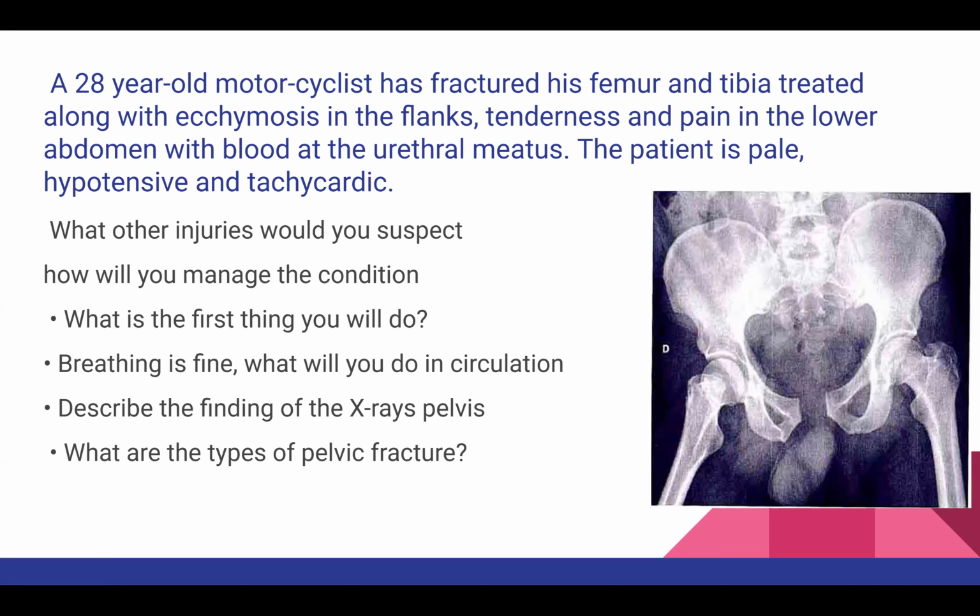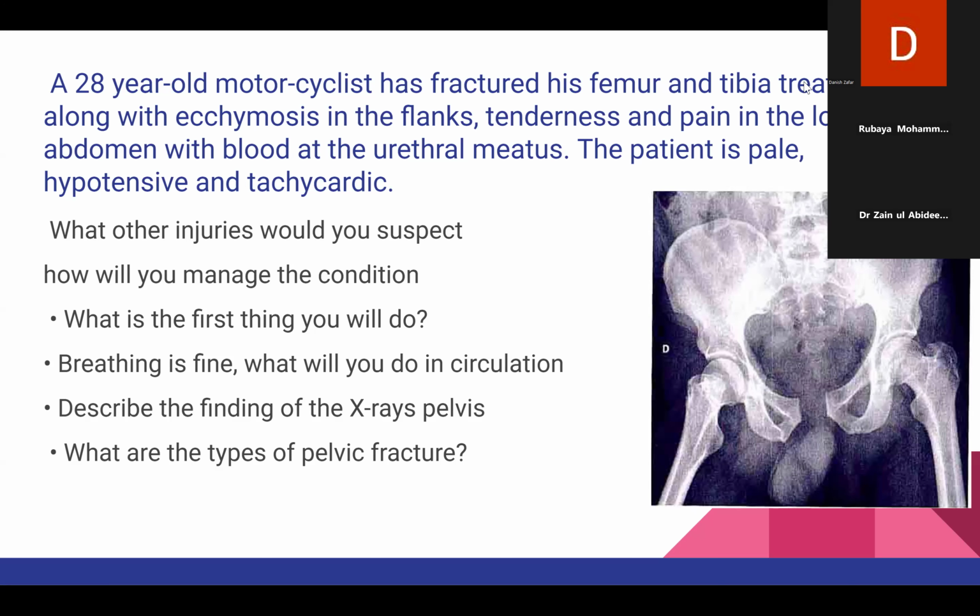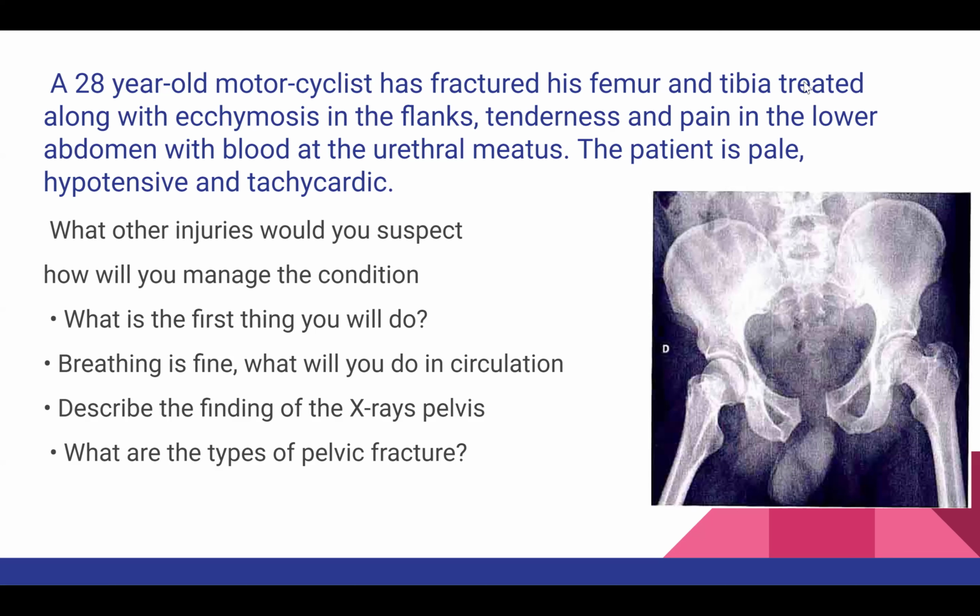Okay. So how will you manage this condition? Sir, the first thing that I will do is follow the ATLS approach of airway, breathing, circulation, disability, and exposure. So, would you like me to explain it?